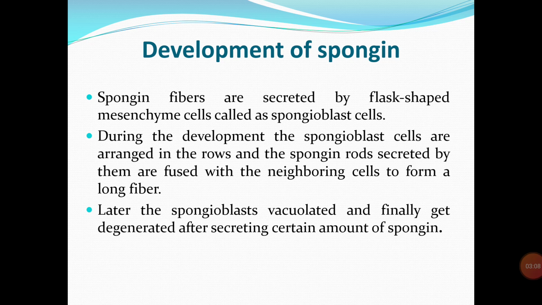During development, the spongioblast cells are arranged in a row, and the spongin rods secreted by them are fused with the neighboring cells to form a long fiber. Later, the spongioblasts vacuolate and finally degenerate after secreting a certain amount of spongin.